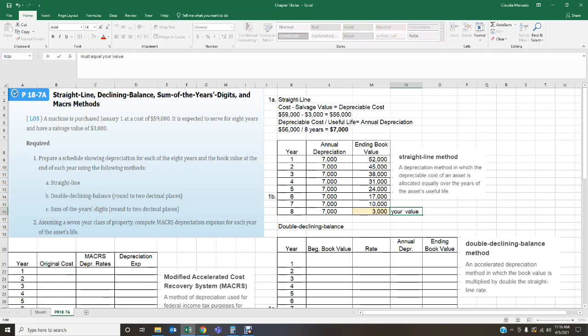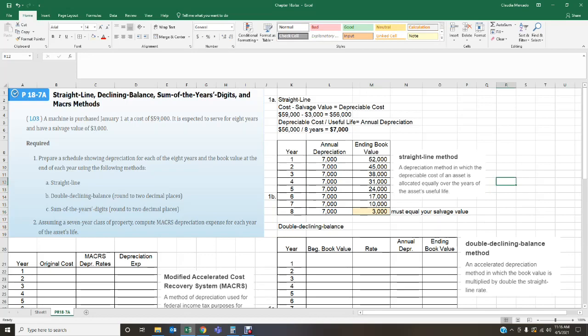It's just that some texts use residual, others use salvage. So your salvage value is going to be $3,000. That is the number you have to end with on year number 8. You're depreciating this asset all the way down to its salvage value. So that number at the very end of year 8 needs to be the same amount as your salvage value. If it doesn't, then there's some kind of error.